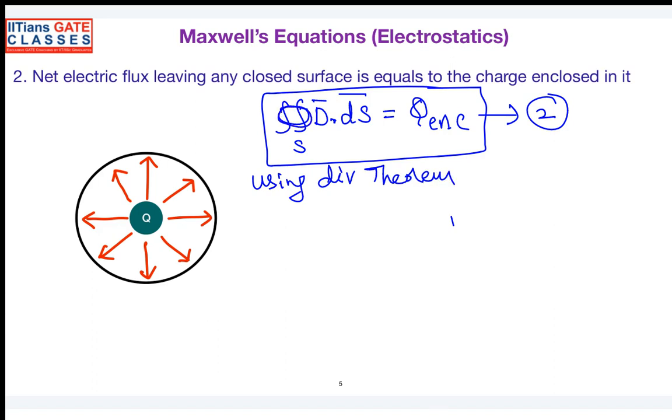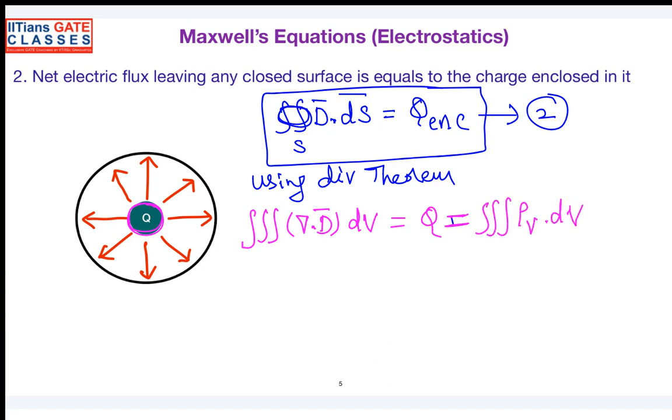The surface integral will be converted to the integral of the divergence of that vector multiplied by the differential volume, equal to the total enclosed charge, which in this case will be the same Q. You know that the value of Q can also be written as the triple integral of rho v into delta v. Where we have seen in a volumetric charge, to find the total charge, you straight away integrate the value of rho v over the whole volume.